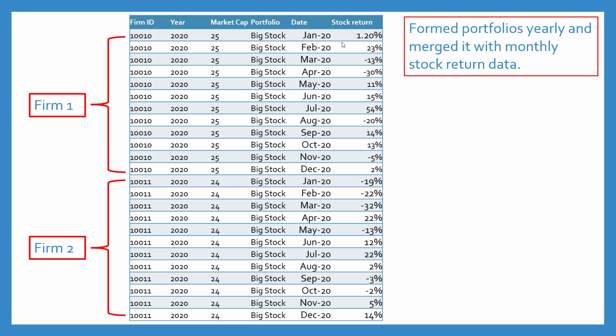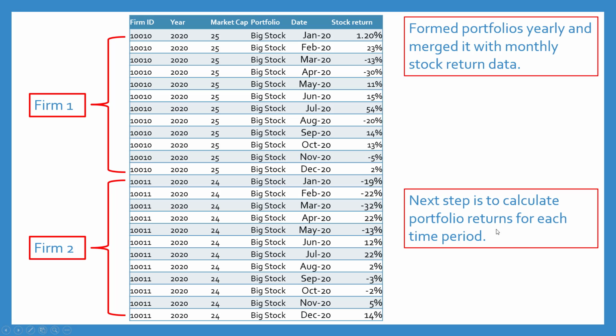When we merge that with the monthly data, the categorization remains the same. So the idea is that we can construct portfolios yearly, and then merge that with the monthly returns data. Once we have monthly stock return data, the next thing is that we need to calculate the portfolio returns. We have the stock returns, and we need to convert them into portfolio returns.